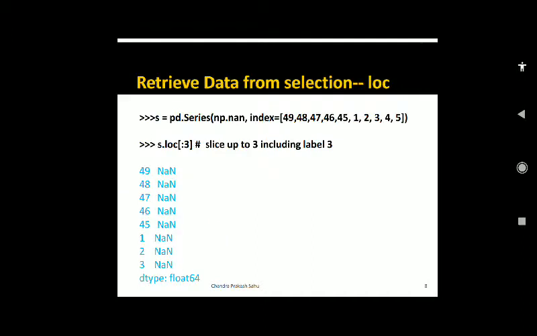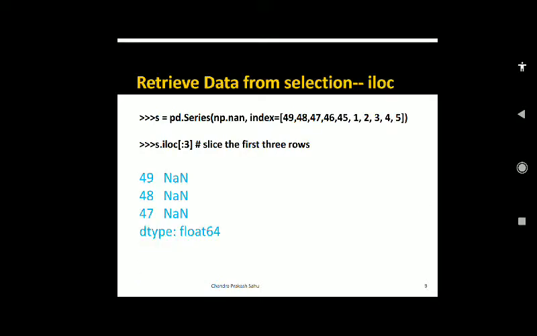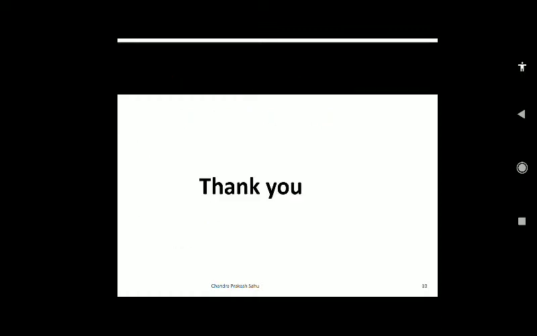Going back to LOC, when you pass colon 3, then the label 3 will be matched in the indexes of the series, and up to that point all the rows will be displayed. In ILOC, 3 means number of rows. Here in LOC it was a label, here it is number of rows. Thank you.